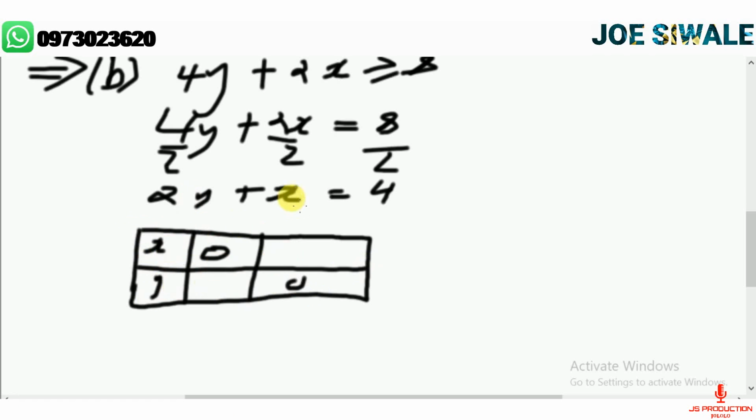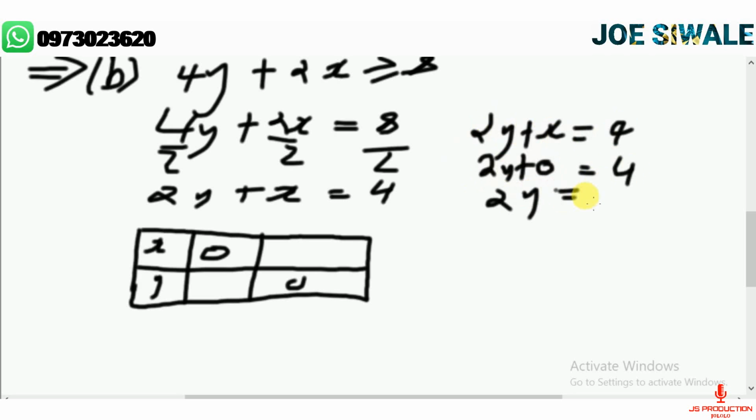So if we replace where there is x with 0, we say 2y plus x is equal to 4. When we replace with 0 here, we're going to have 2y plus 0 is equal to 4. That means we're going to have 2y is equal to 4, divided by 2, divided by 2. y is equal to 4 divided by 2, that's 2. So I'll have a 2 here.